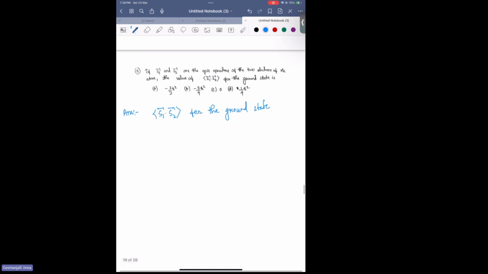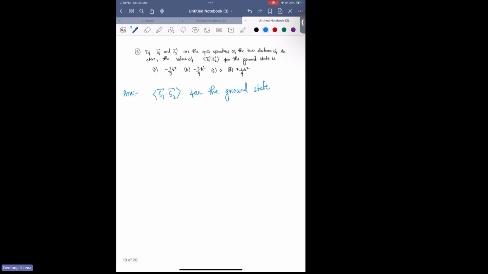This one is easy, so let me quickly solve it. In the previous question I calculated the value of S1 dot S2. It is nothing but S square minus S1 square minus S2 square divided by 2. So you will get h cut square by 2 times s into s plus 1 minus s1 into s1 plus 1 minus s2 into s2 plus 1.